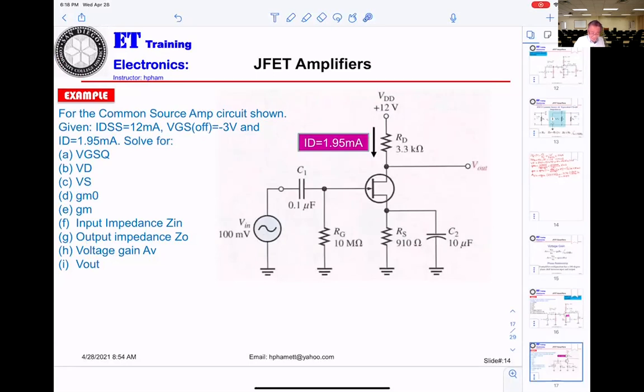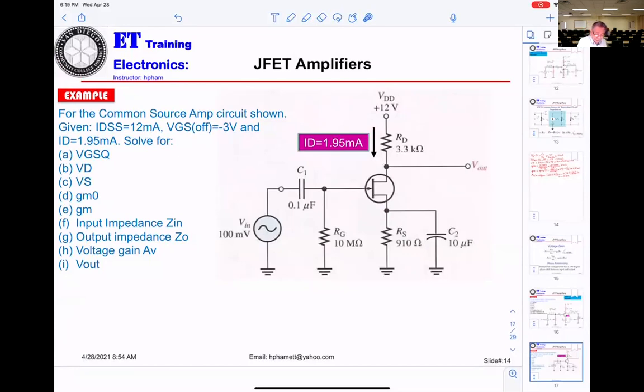So that's why we given to you the current ID, 1.95 milliamp. And that ID here means IDQ. Okay, so you already get the current ID. Then you can calculate the VS right here. VS will be equal ID times RS.